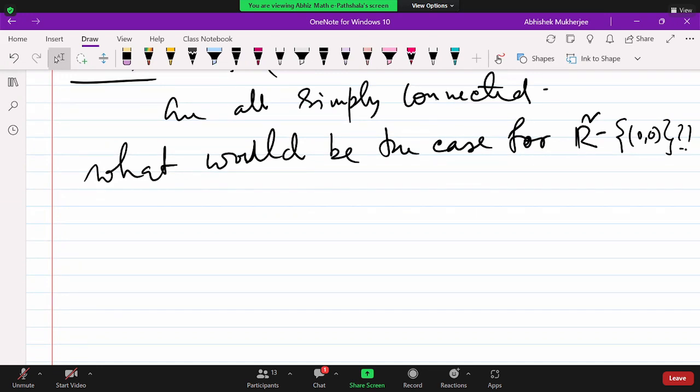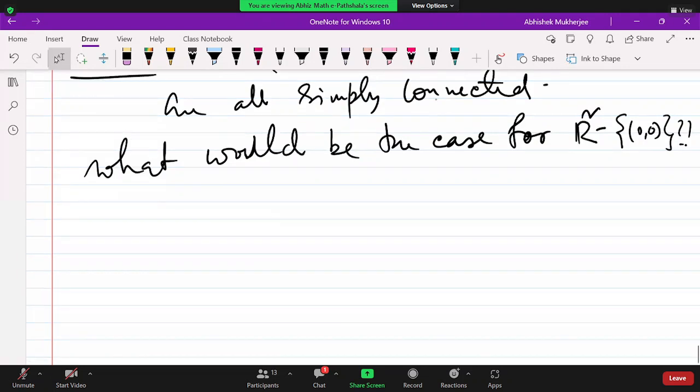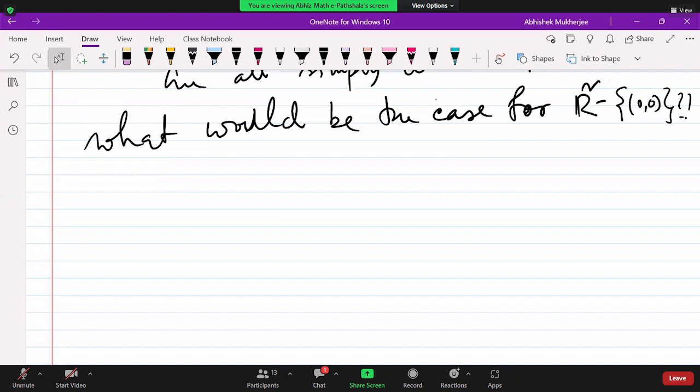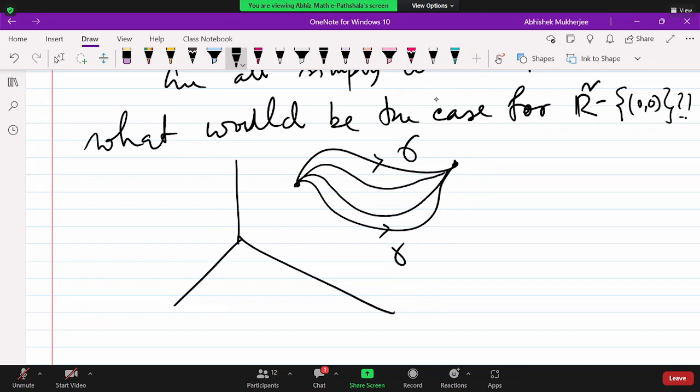Let me make a nice observation: if you are dwelling in some simply connected space, then any two paths having the same terminal points must be path homotopic. So these two paths are path homotopic in a simply connected space.